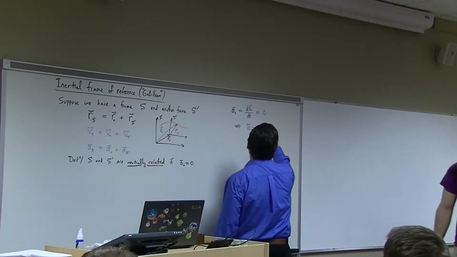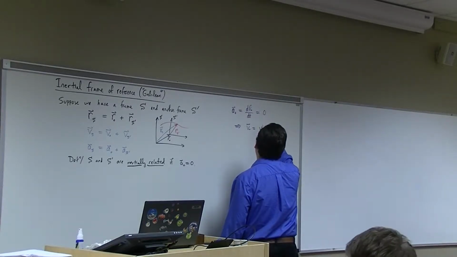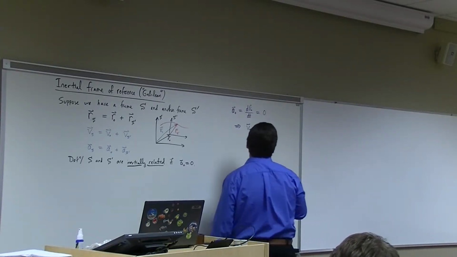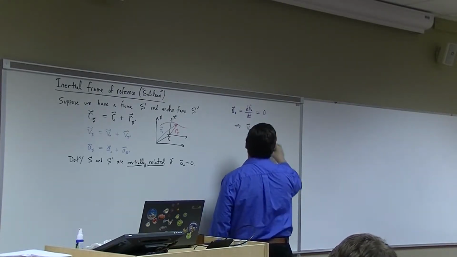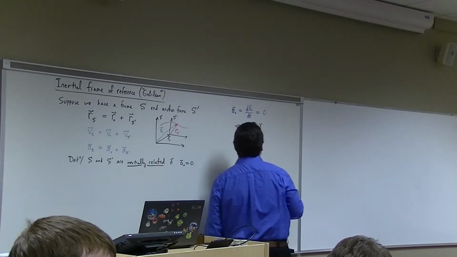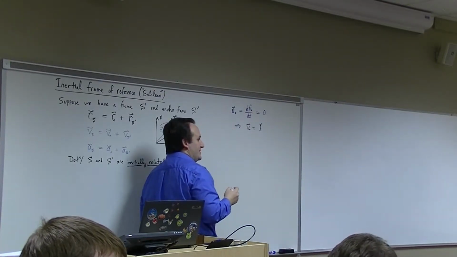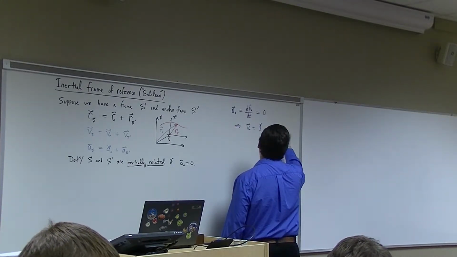A constant vector, let's say v. Well, I guess I should use some other letter. You guys pick a letter, any letter. L? Okay. Constant vector L. I'll take it. But then that's equal to what? dr naught over dt, right?